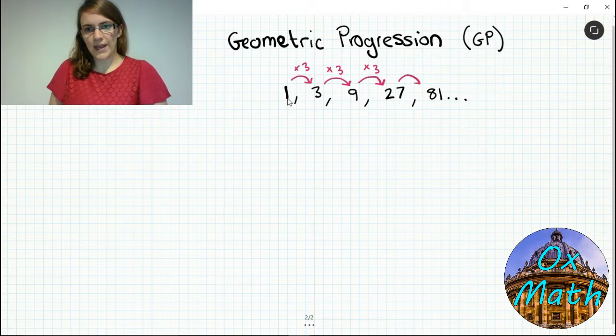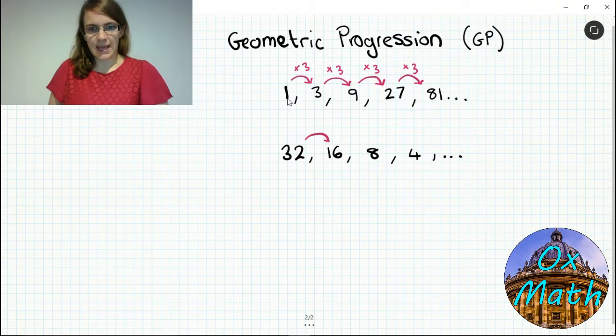It is always 3. Another example of a geometric progression would be 32, 16, 8, 4 and so on, because in this case every term is half of the previous term. So the ratio between successive terms this time is a half.